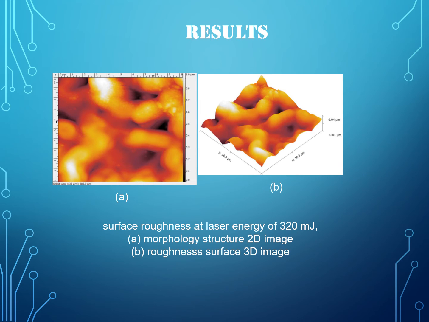The figure also shows the surface roughness at laser energy of 320 millijoule. Figure A shows the morphology structure 2D image. Figure B shows the roughness surface 3D image.